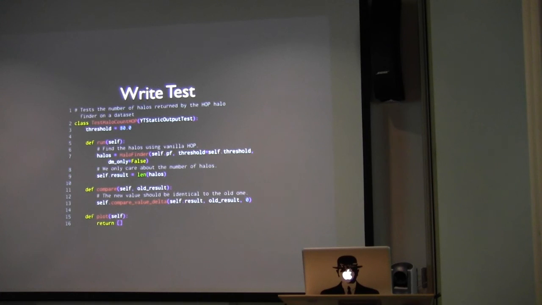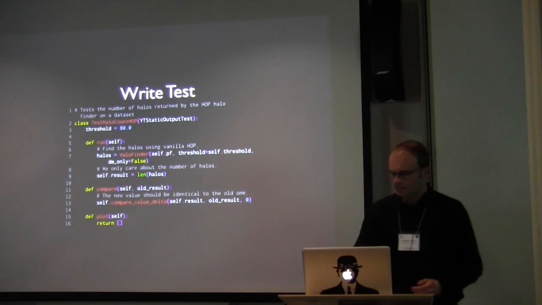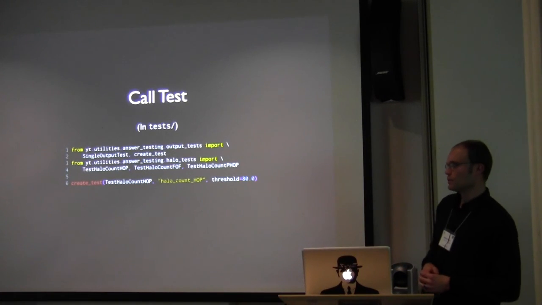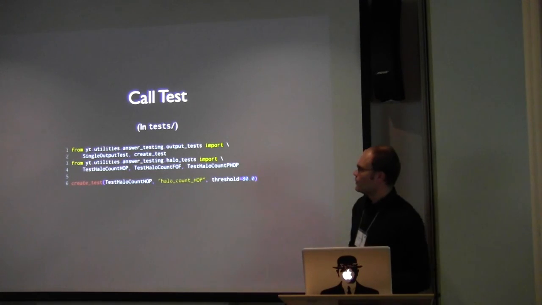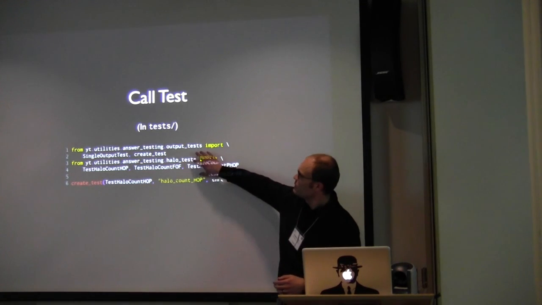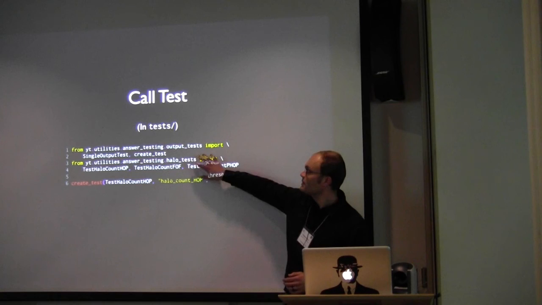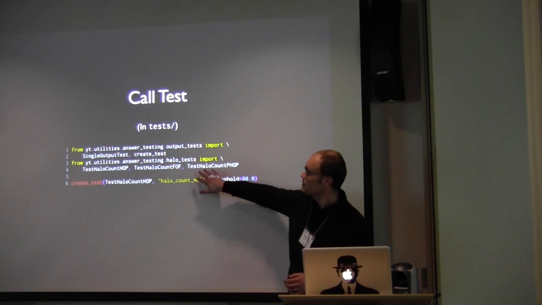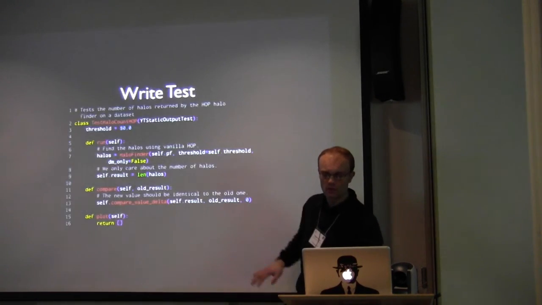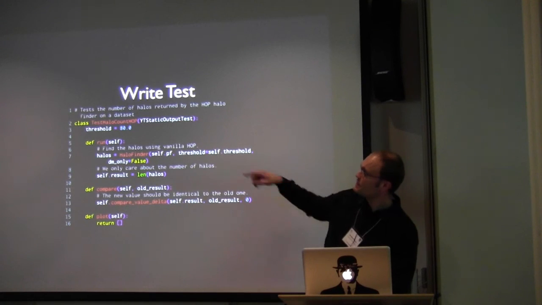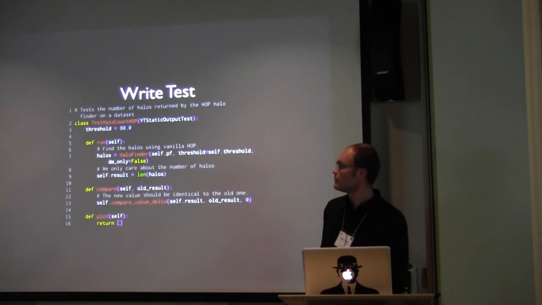And so how do we call this? If you look into the tests folder, we've imported the testing things, and we're also importing these functions. So if you notice, this previous function was named test halo count hop.